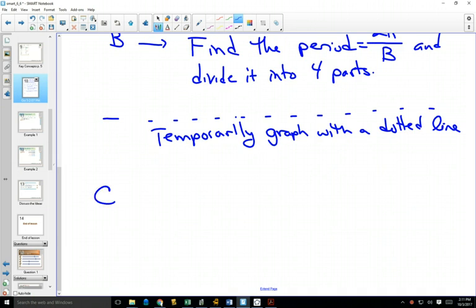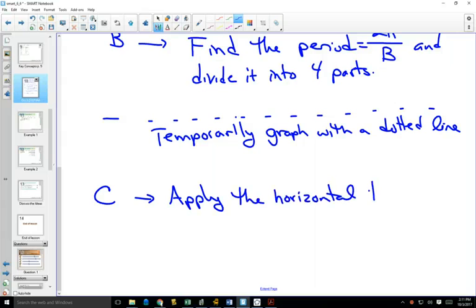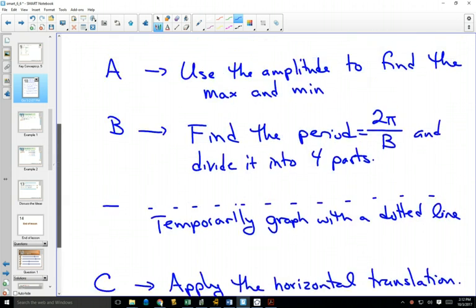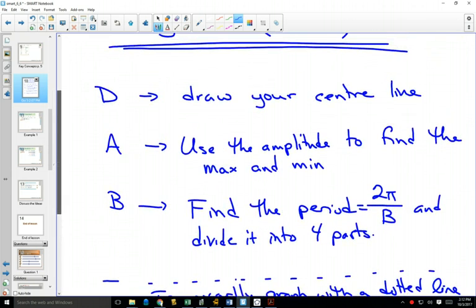And then finally, we take that temporary graph and we apply the horizontal translation. So we write these steps down, and now we're going to use these steps to see what this looks like. The vertical translation was done already, very first thing when you drew your center line.